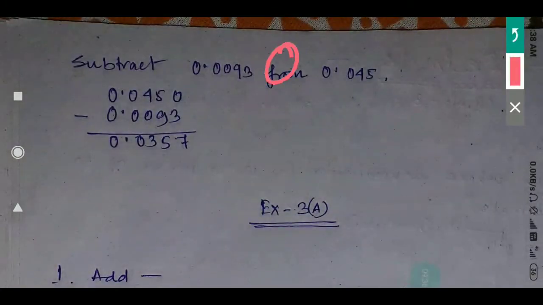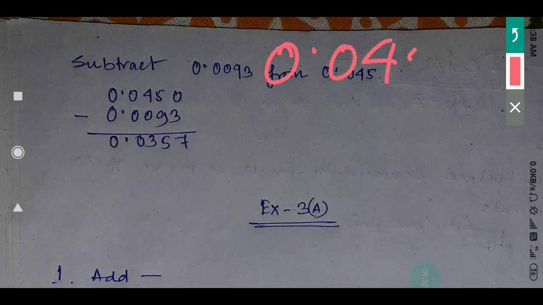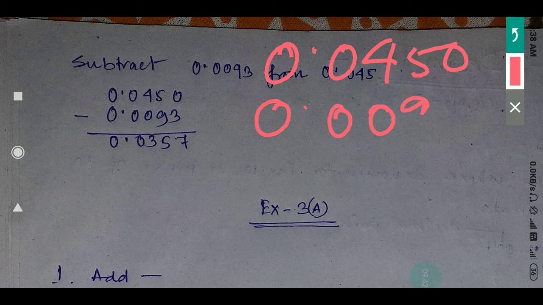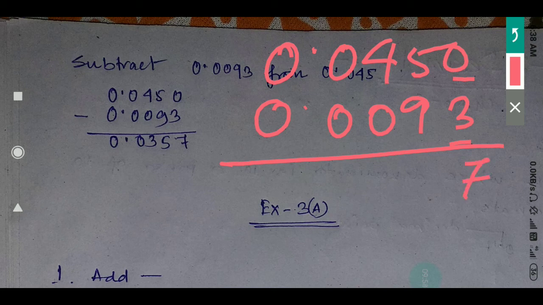So it is given 0.0450, 0.0093. So 0 and 3. This one is smaller, so you have to take one carry. If you take one carry, 10. 10 minus 3 is how much? 10 minus 3 is 7. So now this 1 you have taken, that 1 will come to the number below, so that means 9 plus 1, 10.